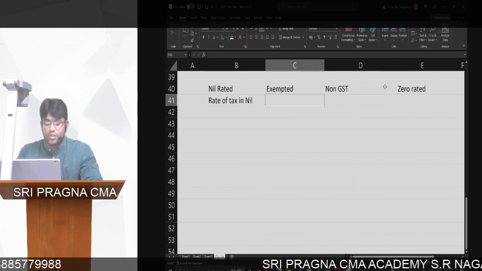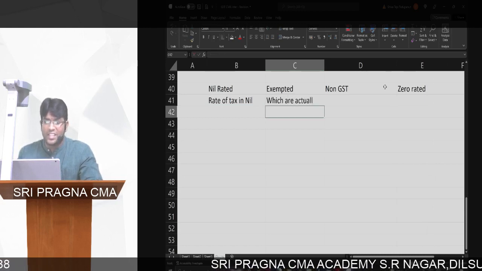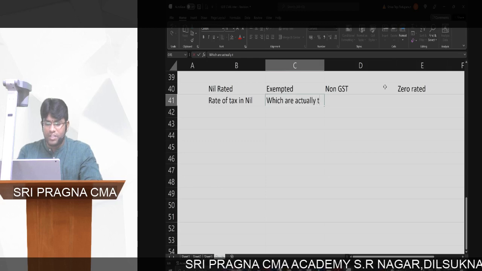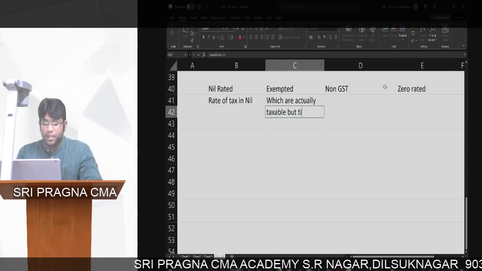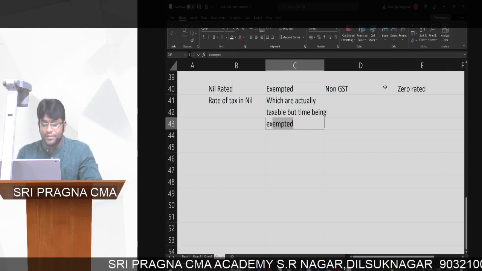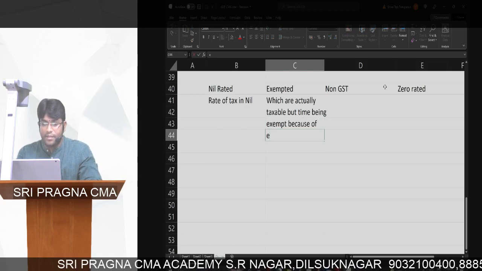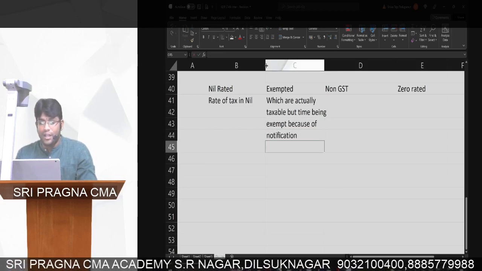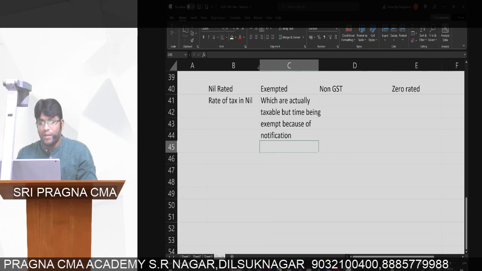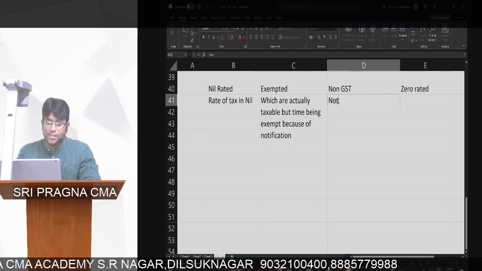Exempted is those which are actually taxable, but for the time being exempt because of notification. Friends, I hope you are getting clarity. They are actually taxable, but for the time being they are exempt because of what? Notification. Non-GST, simple answer.